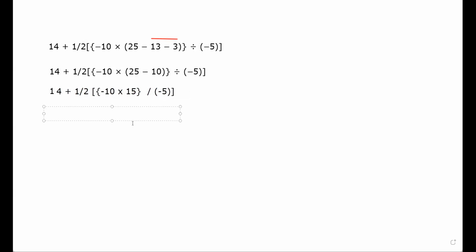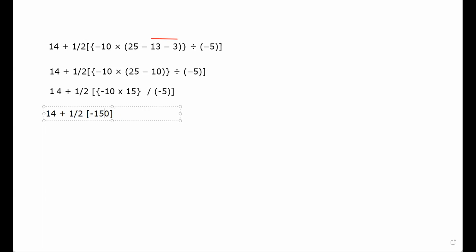Then the equation will be like 14 plus 1/2 divided by minus 10 into 15, which will become minus 150. You know that when 10 is multiplied by 15, it becomes 150. And then we need to remove this curly bracket.